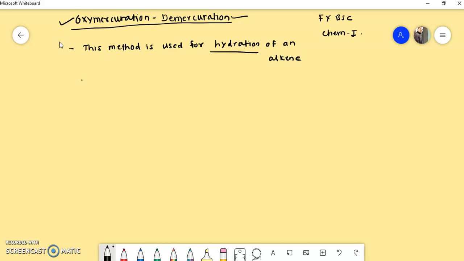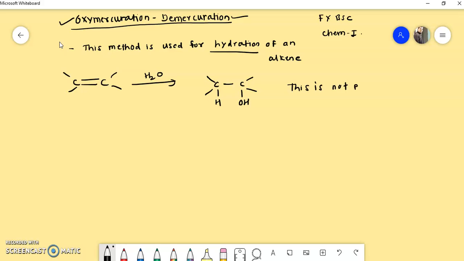Now if you consider the alkene, we know that this is the alkene. If we add water to this alkene, there will be formation of this compound, that is alcohol. But actually this reaction is not possible directly.